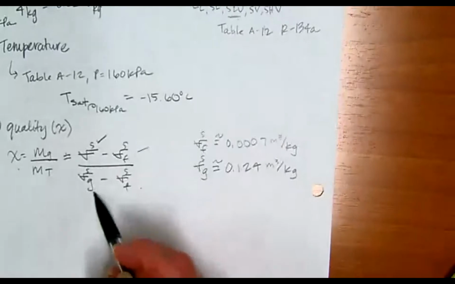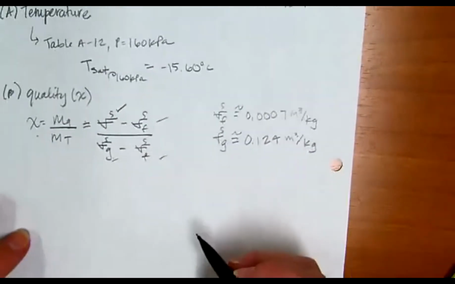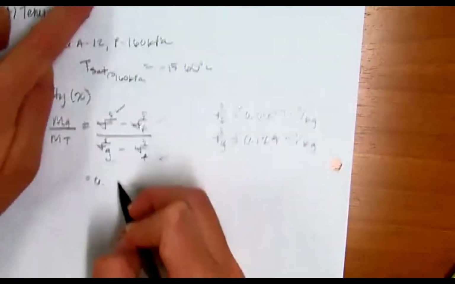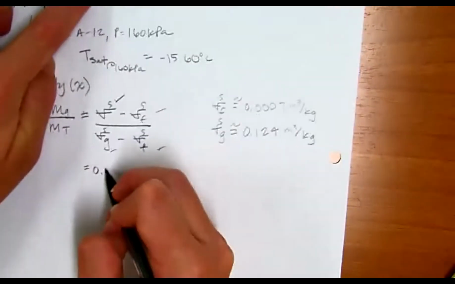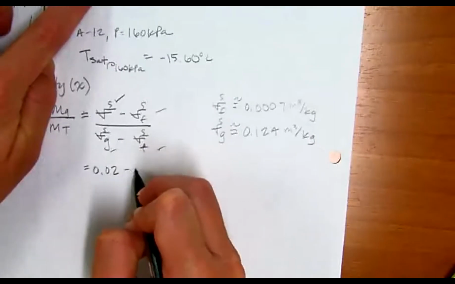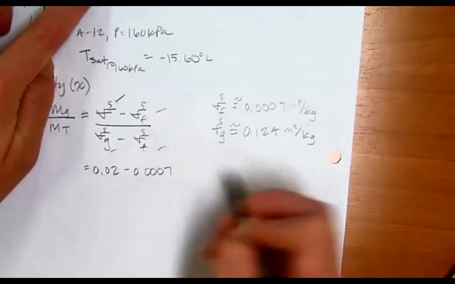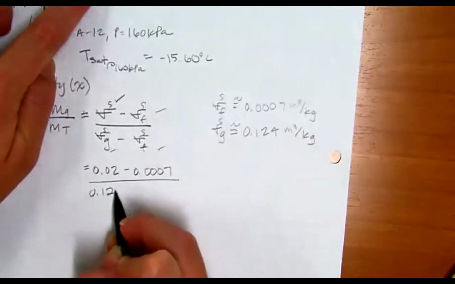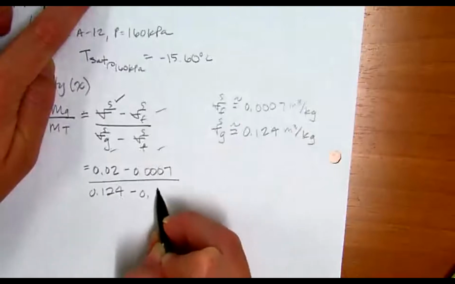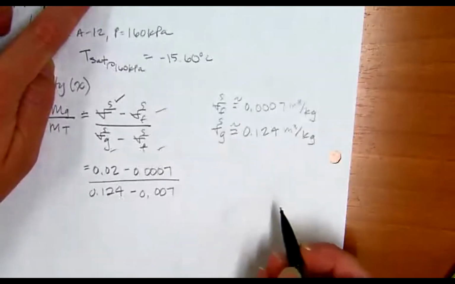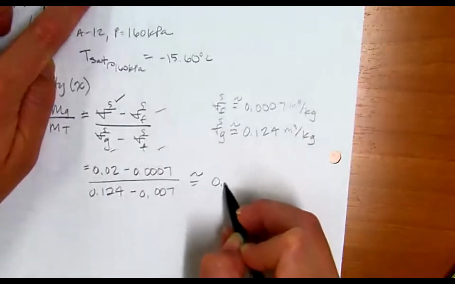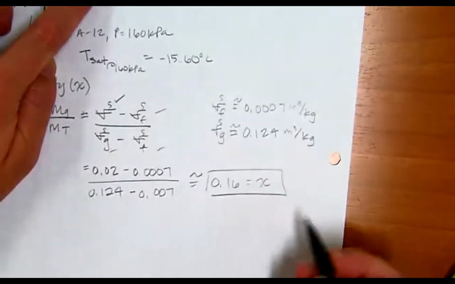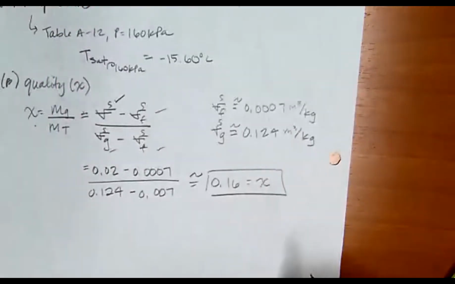So now we have everything that we need to solve this. If we plug this in, we get 0.02 minus 0.0007 over 0.124 minus 0.0007. So this is roughly 0.16 as our quality. The solution says 0.157. It doesn't matter, you can round to 0.16.